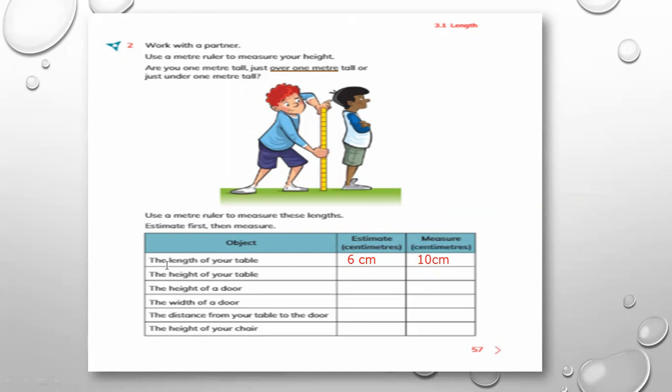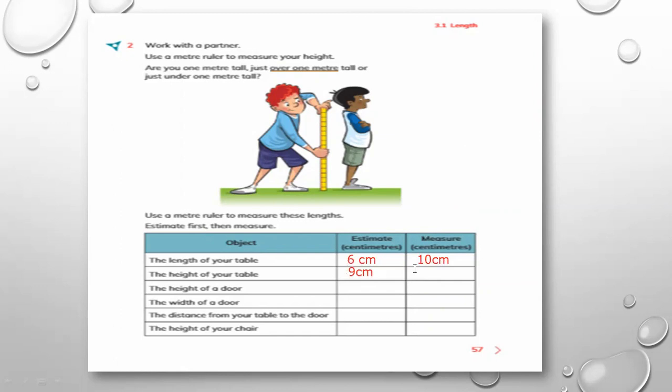So now we are going to talk about height of your table. So we will say it is 9 centimeter, just a guess.